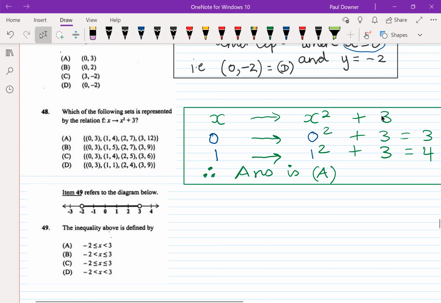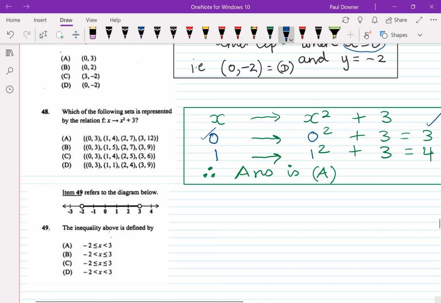If x is 0, x squared is 0 squared, plus 3. 0 squared is 0, plus 3 is 3. So when x is 0, I'm supposed to get y as 3. Is that true? Yes, 3 here, 3 here when we work it out. So it worked fine for this first one.